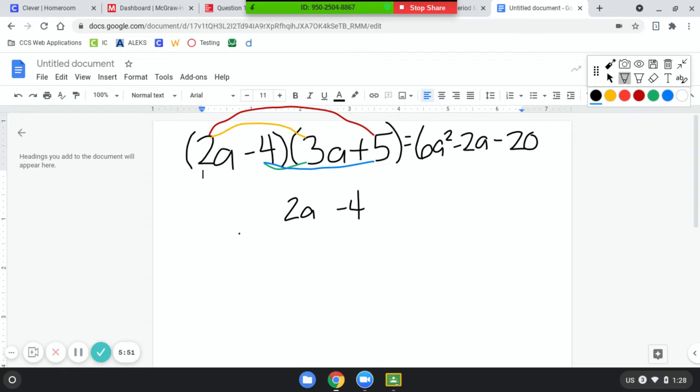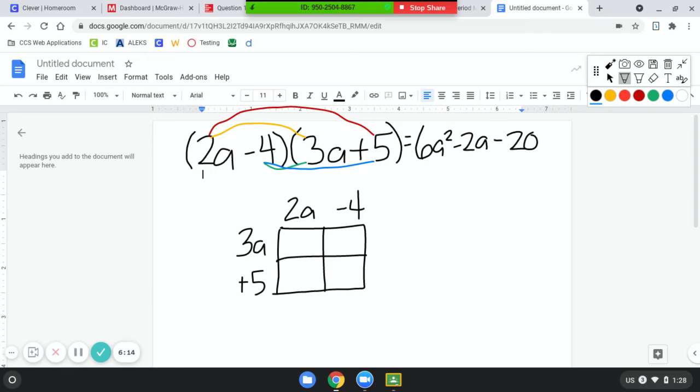So 3a plus 5. And then you're going to create boxes for the columns and rows, right? So you have a 2 by 2, or 2 times 2 will give you 4. So you should have 4 on the inside.